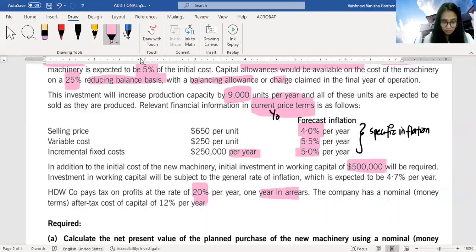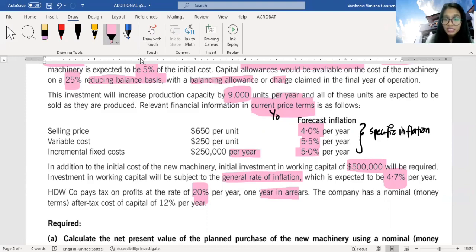Now, investment in working capital would be subject to the general inflation rate, which is expected to be 4.7% per year. So guys, I just want you to remember, whenever the examiner gives us a general inflation rate, you check your discount factor.